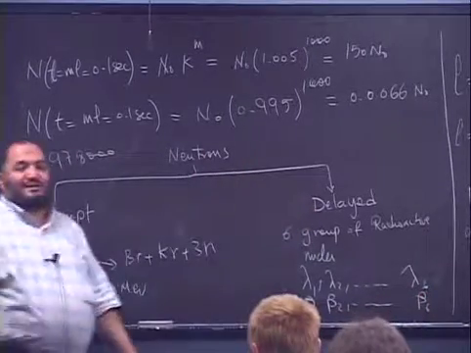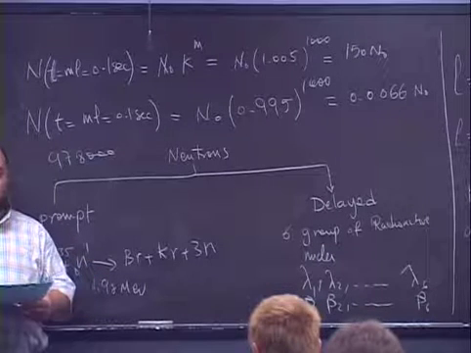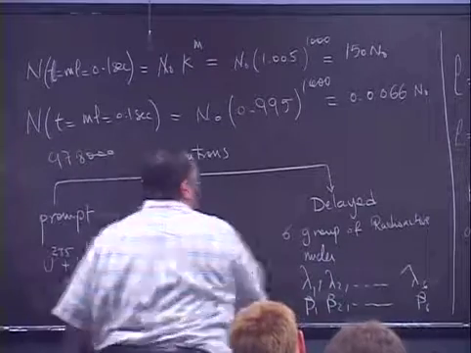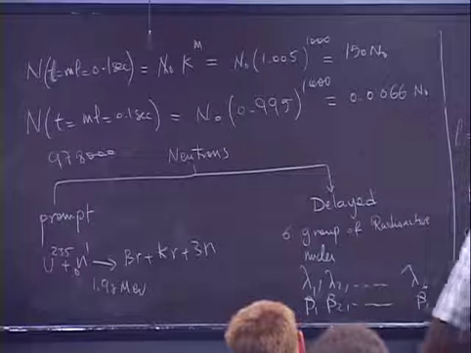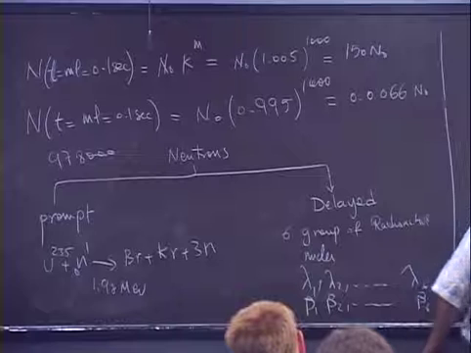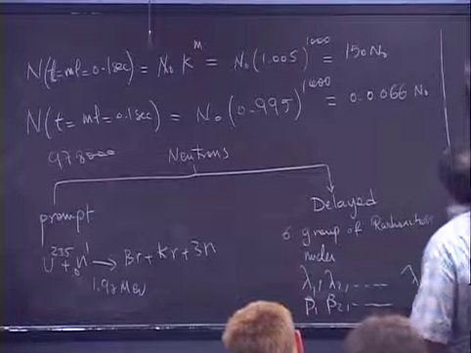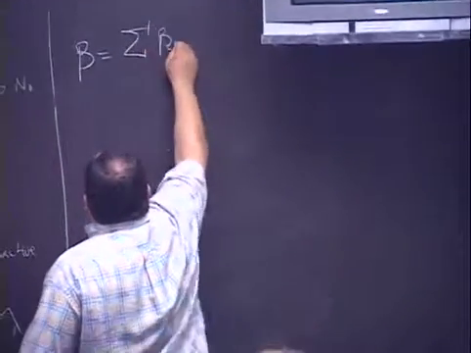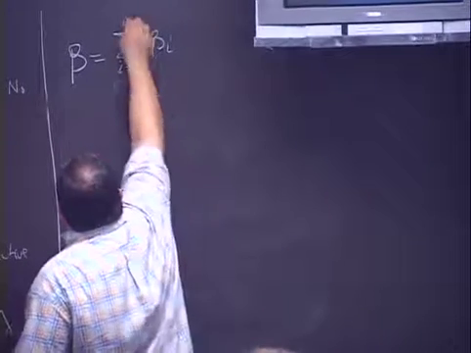Beta is just the delayed neutron fraction in the group. If you want the total number of delayed neutrons, all you do is add them all together to get the total delayed neutron fraction from all groups. So beta is the summation of beta i, from i equal to 1 to 6.